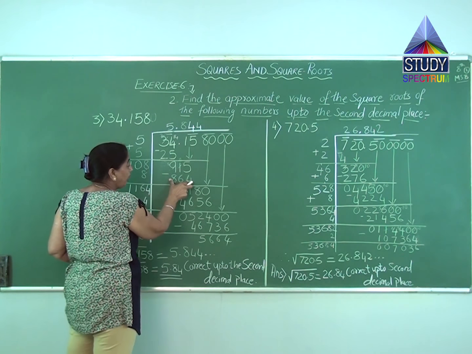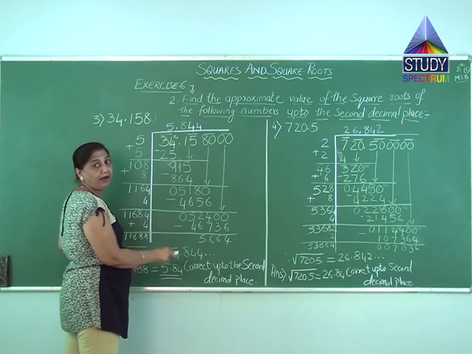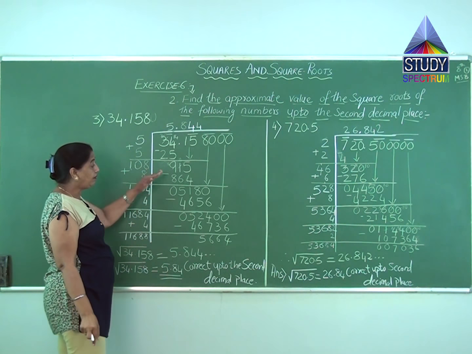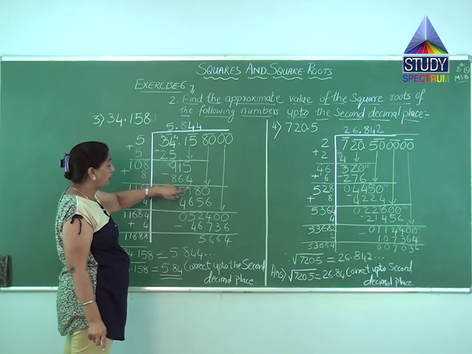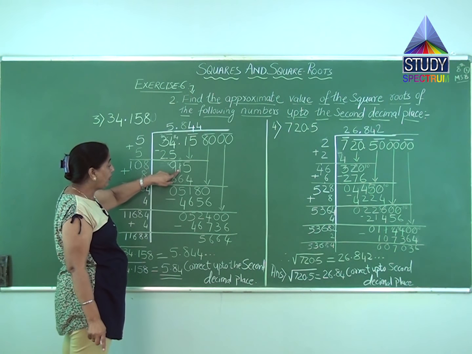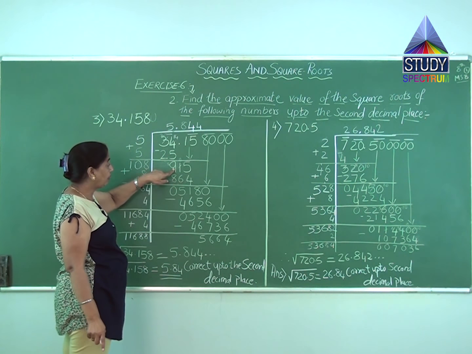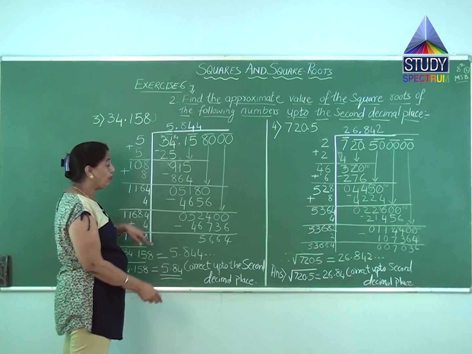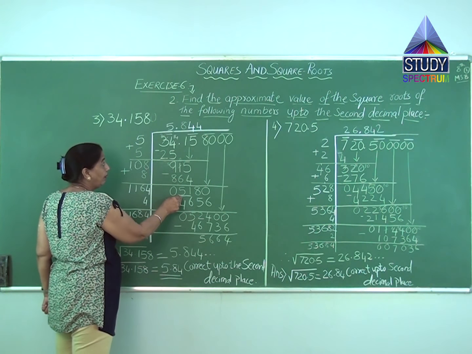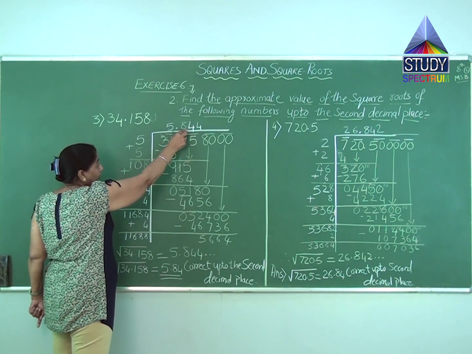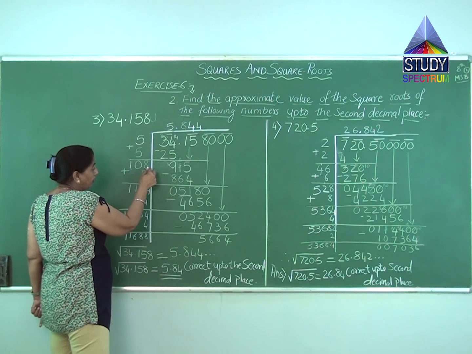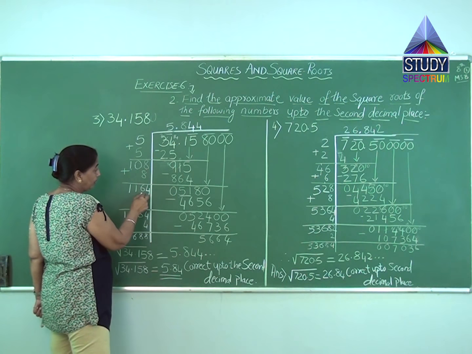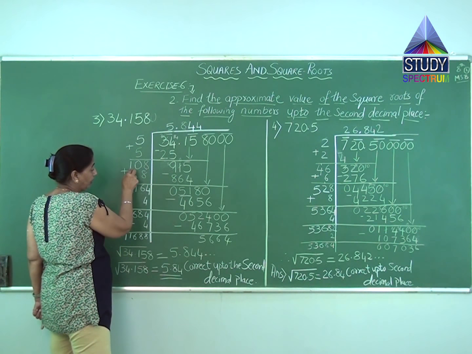So now I will subtract this from 950. When I subtract from 5, 4 goes, then you get 1. From 1 I can't subtract 6, so I have taken 1 from here. 11 minus 6 gives me 5. So now the remainder is 51. And this 8 you will add over here, and here it becomes 8 plus 8, 16, 1 carry, 1 will come here and 1.